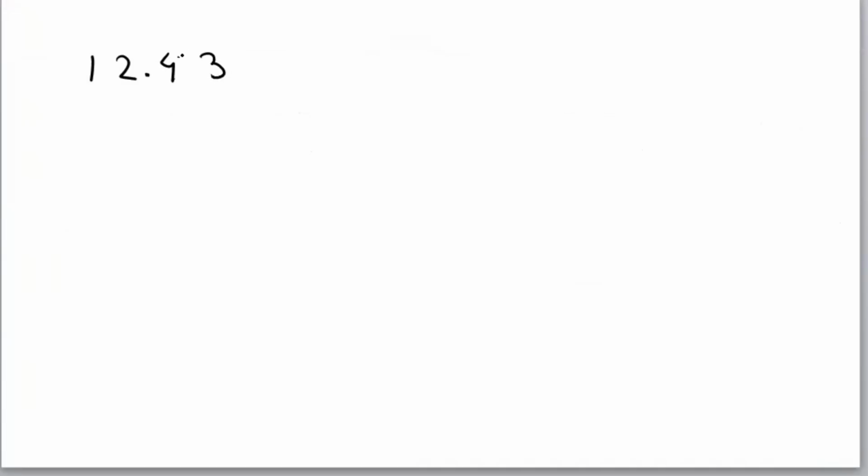12.473. Okay, it says 12.473, and you have to round it to the nearest hundredth. So where do we have to round it? To the nearest hundredth. So we first look at the hundredths place, that is the tenth, hundredth, thousandth.